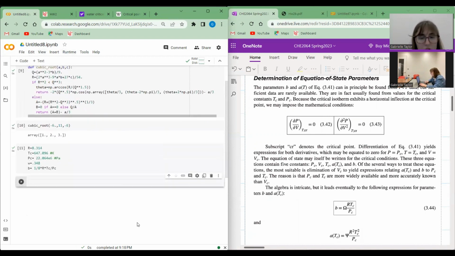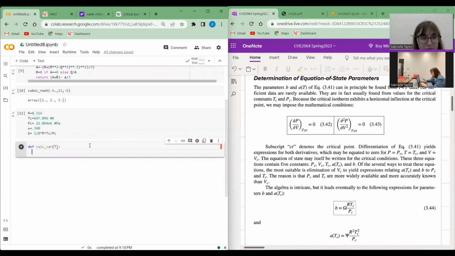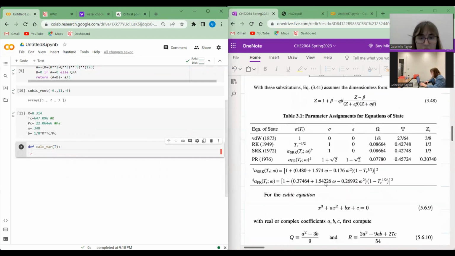So now we want to code. After we have our initials, the first thing we're going to want to do is write an equation for our variables. So calculate variables. This is going to be dependent on temperature. We're using our SRK equation for this, so let's look at our SRK equation here.